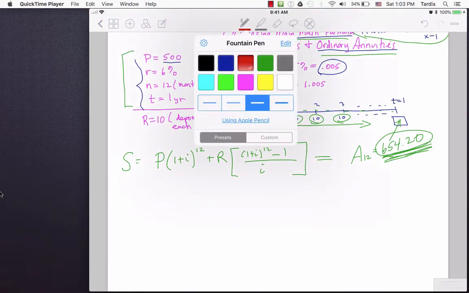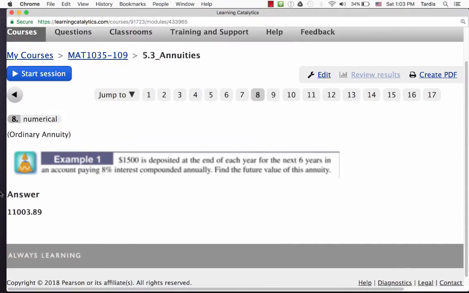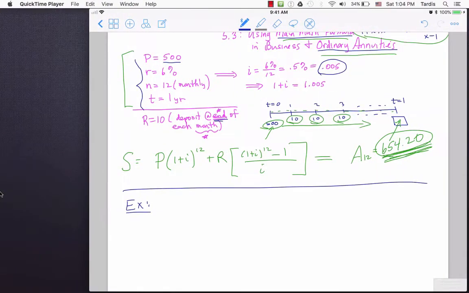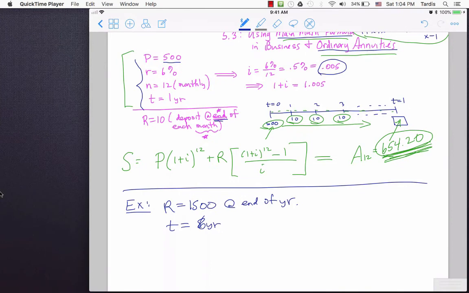So here's the example. We have $1,500 being deposited at the end of each year, for 6 years. We want to see how much we will have after 6 years.